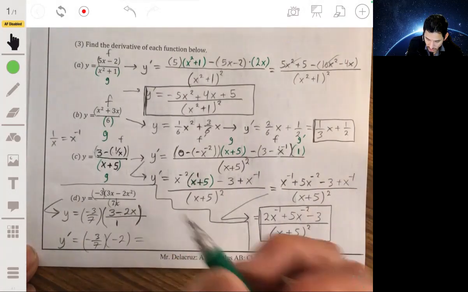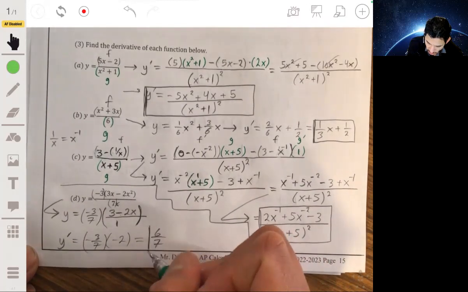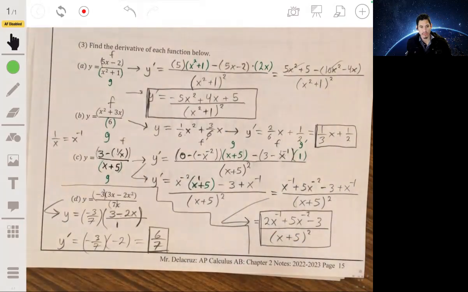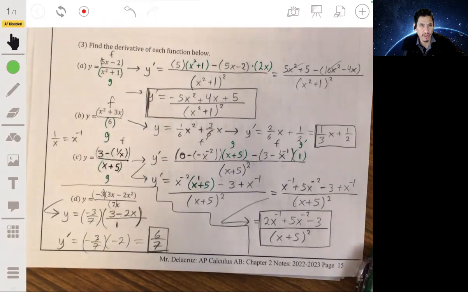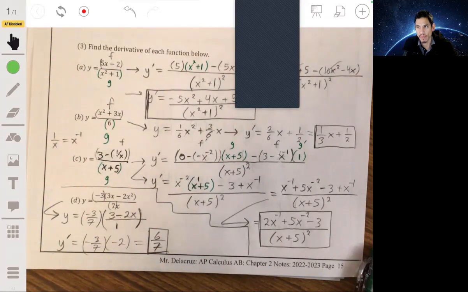And then you get a number, 6/7. Strange number. I don't think I've ever seen it other than in this problem, but it's a number nonetheless, so it's possible. So again, think before you jump to the quotient rule. Maybe you don't have to use it, maybe you do got to use it, but practice. So I hope that helps, so good luck.